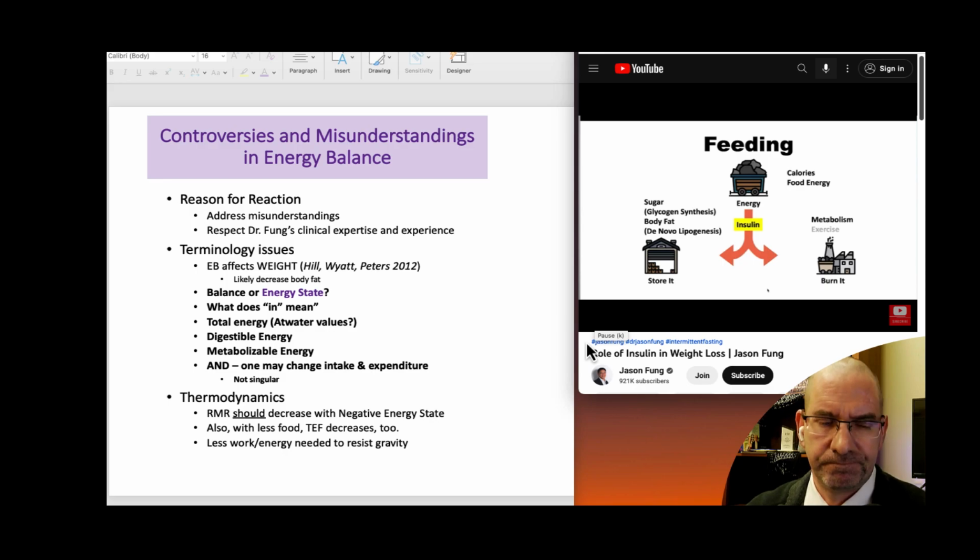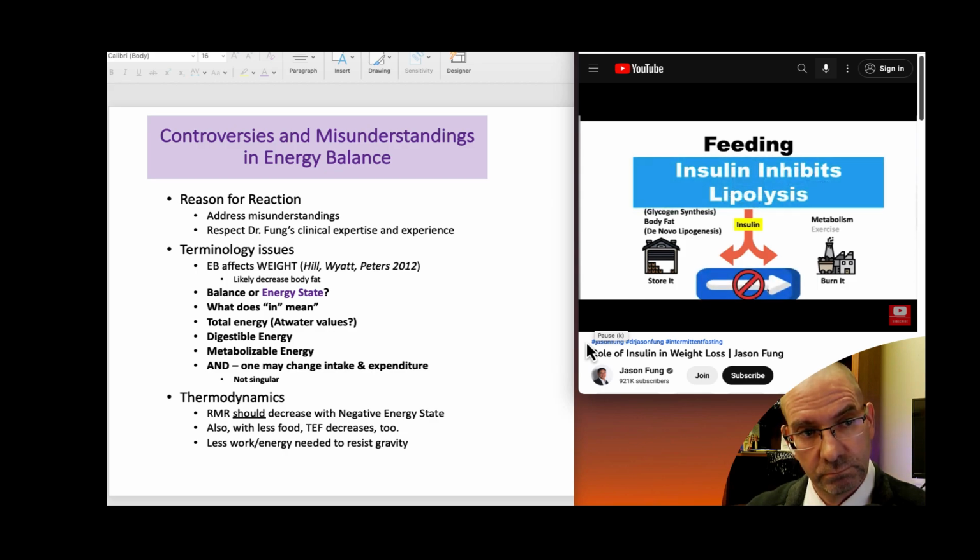You burn energy mostly for metabolism, and exercise is a much smaller part. The most important thing to see here is that when you eat, the insulin level goes up. So when that happens, you can either store those calories or you can burn them, and that's the only way it goes. You cannot take the body fat and use it for energy, because insulin inhibits lipolysis.